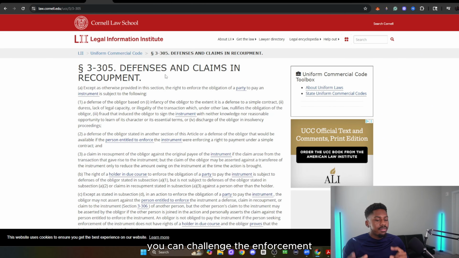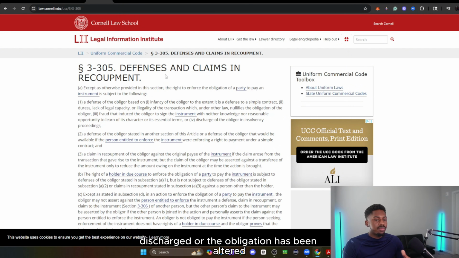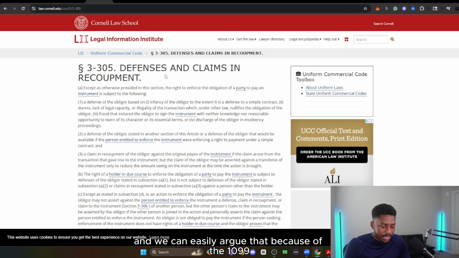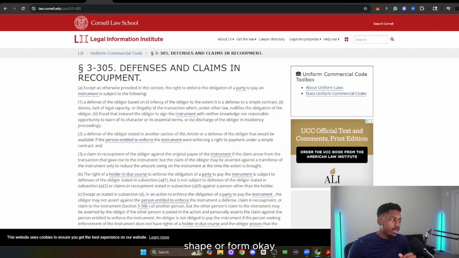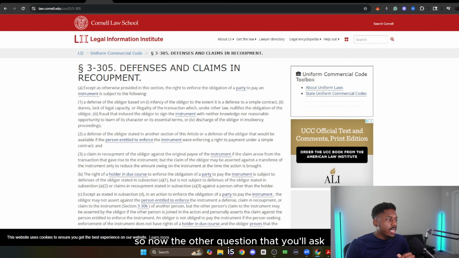You can challenge the enforcement of something that's already been paid, discharged, or where the obligation has been altered. And we can easily argue that because the 1099 OID event has happened, it was sold. So there has been a payment, some level of discharge, or the obligation has changed in some way, shape, or form. Now, the other question you'll ask is how to identify when an OID has occurred.